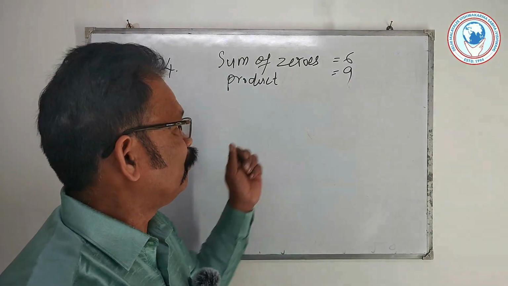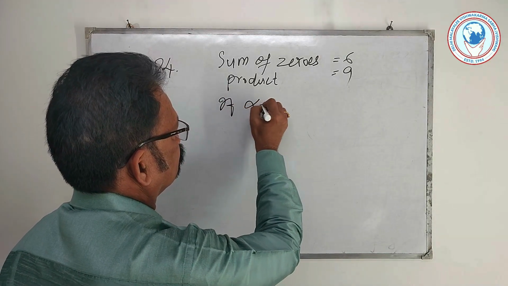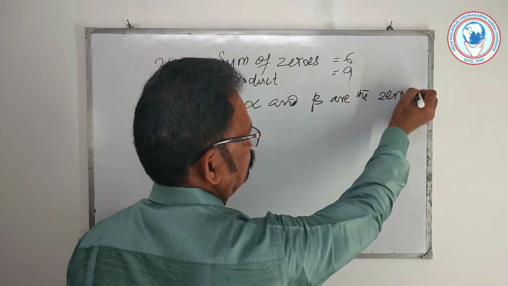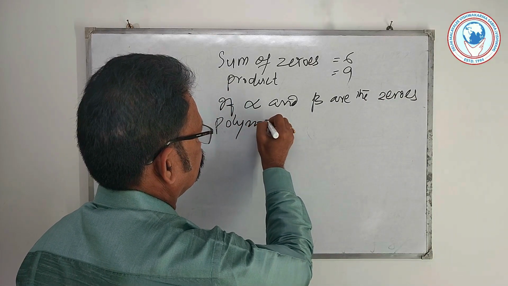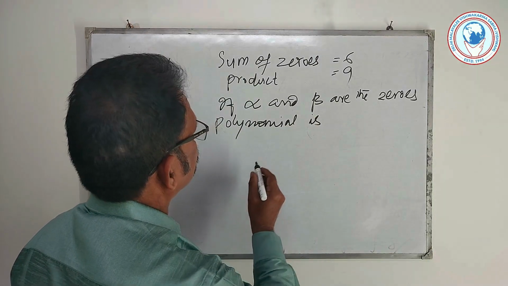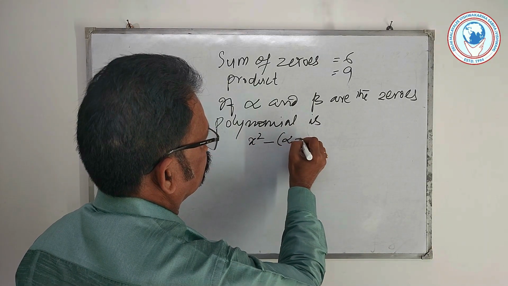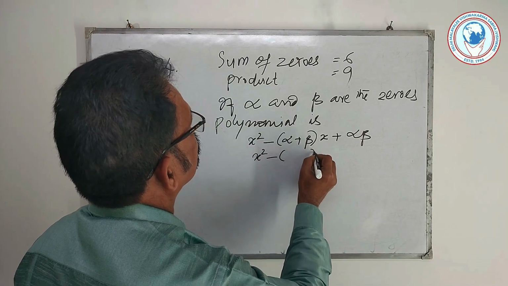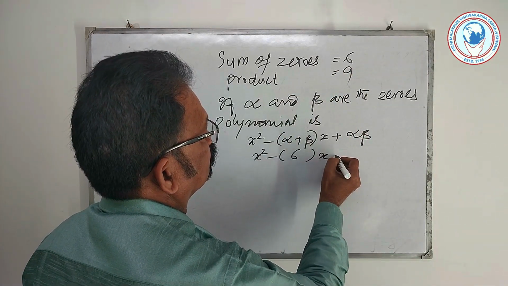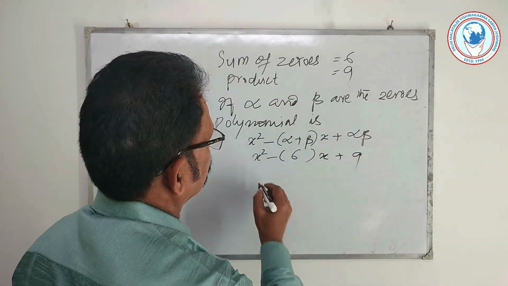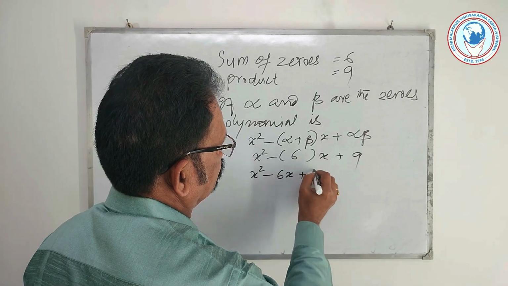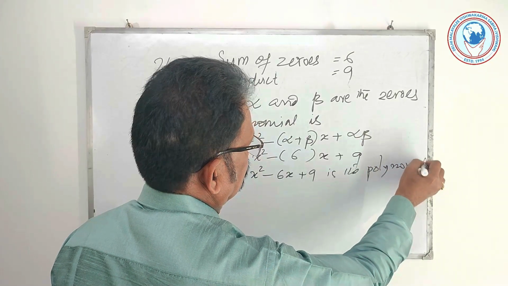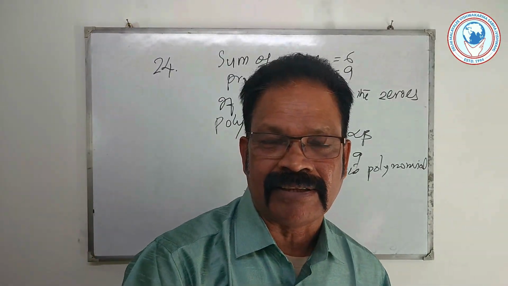So find the polynomial. So x square minus 6x plus 9 is the polynomial.